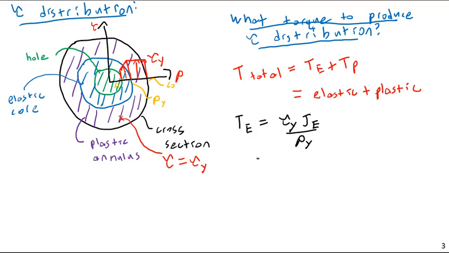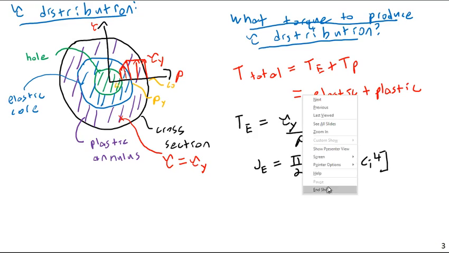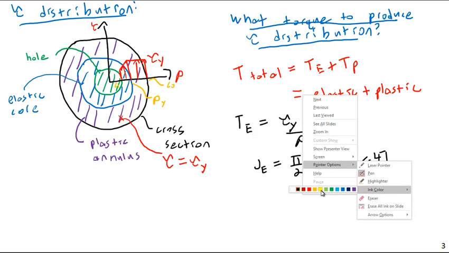And JE is going to be equal to pi over 2 times, let's see, rho yield to the fourth minus C internal to the fourth. Okay, what this means is, let me annotate this in some orange.